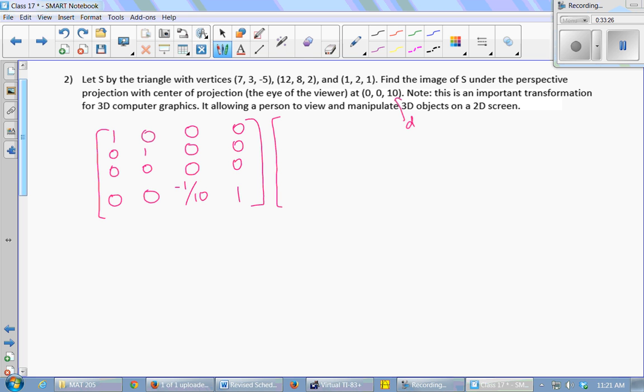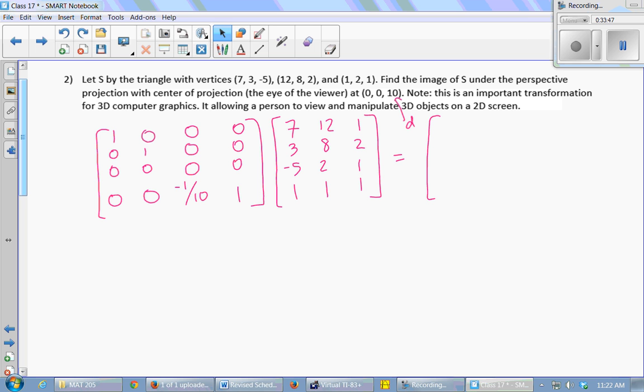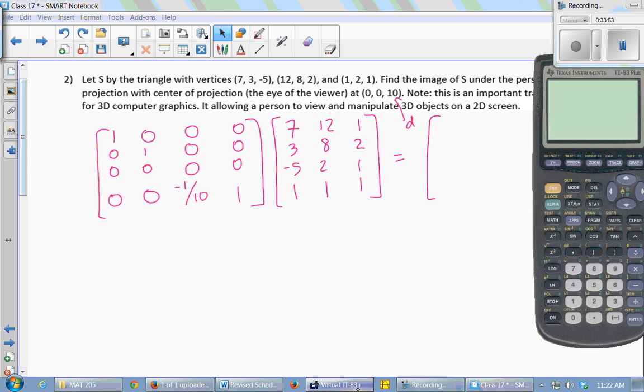Then I put in my data matrix: 7, 3, negative 5, 1; I'm adding the ones to make homogeneous coordinates; 12, 8, 2, 1; and 1, 2, 1, 1. This is the first step: we just do this matrix multiplication, and we're not going to be quite done.